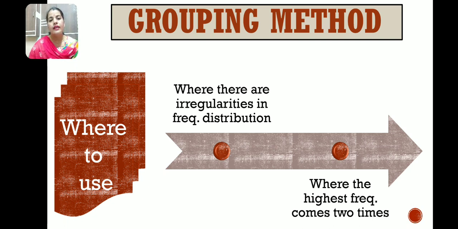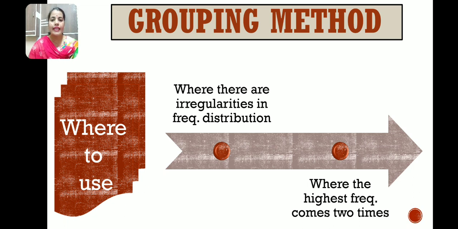Then other frequencies are 1, then 7, then 8. You can see that there is irregularity, meaning very random frequencies, some very high and some very low. In that case you will use the grouping method.